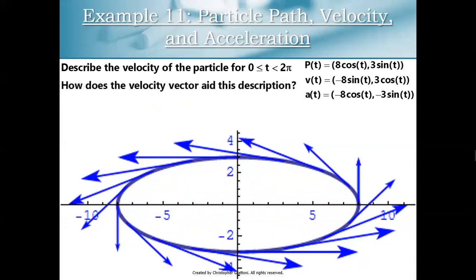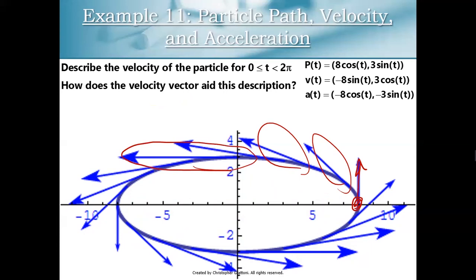So what would someone use these velocity vectors for? We often use them in this class to figure out the orientation of a curve, or in a physics context, what direction is this particle traveling in? And you could always figure out its speed from the magnitude as well. So some things that we could see here, the particle is moving pretty slowly at this initial point, and look at how the magnitude of these vectors is getting longer until right here, that's a pretty large magnitude.